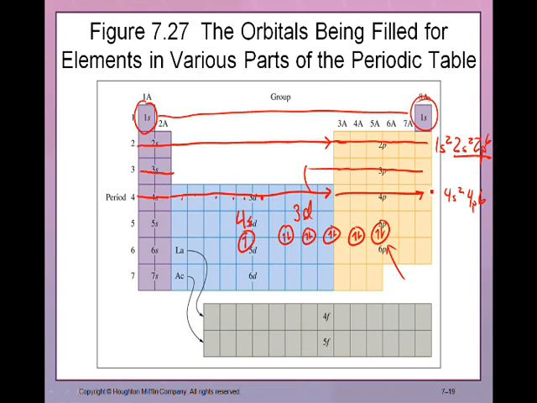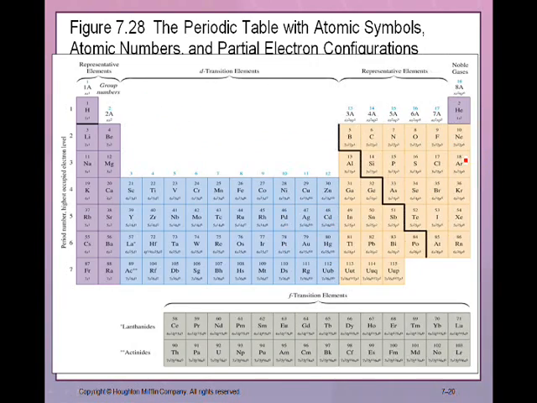But krypton is going to look a lot like argon, with the exception of these additional electrons, the 3d10 and the 4s2 and 4p6. So that's a brief summary of quantum numbers.